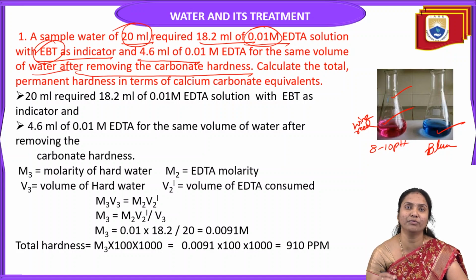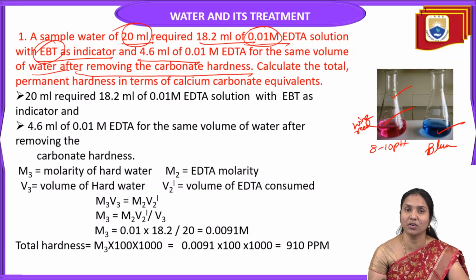So the same quantity of water required 4.6 ml of EDTA with molarity 0.01, after removing the temporary hardness causing ions by boiling.